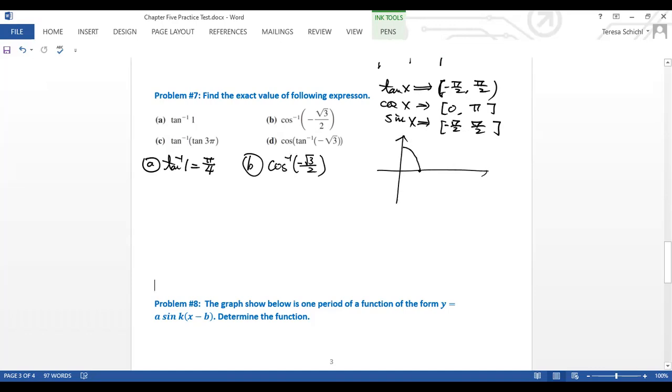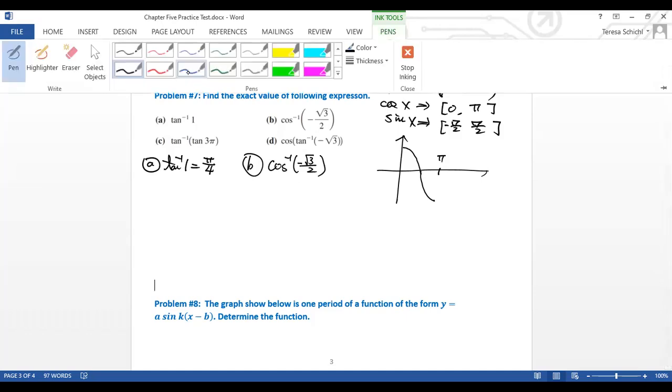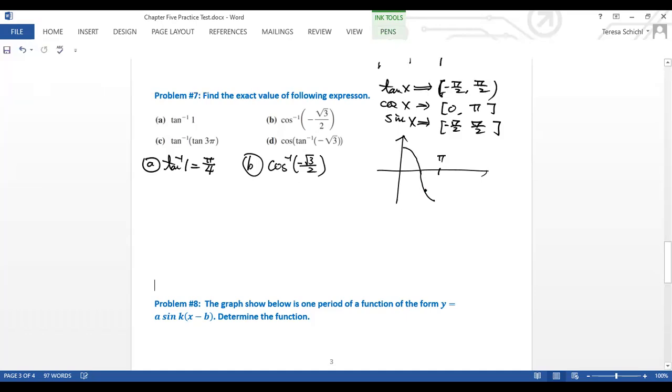Look here, this is the cosine, right? We restricted from here, this is the pi here, right? So the negative square root of 3 over 2 will be where? Will be somewhere here, right? So this is the negative square root of 3 over 2 here. So what is the angle?